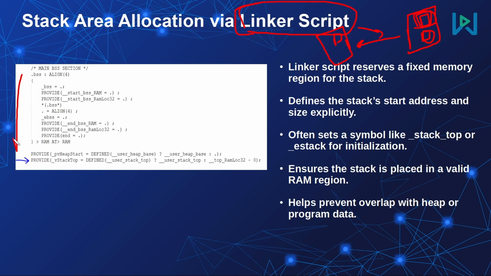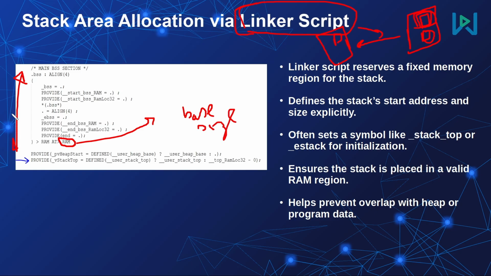Now, this is an example of a GCC style linker script. And as you can see, we will need first of all to define the different memory regions supported by our system, like the base address and the size of each of those memory regions.